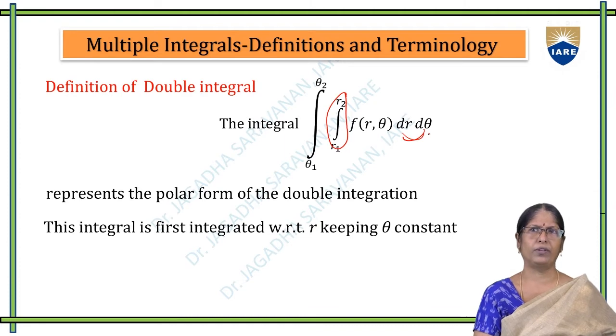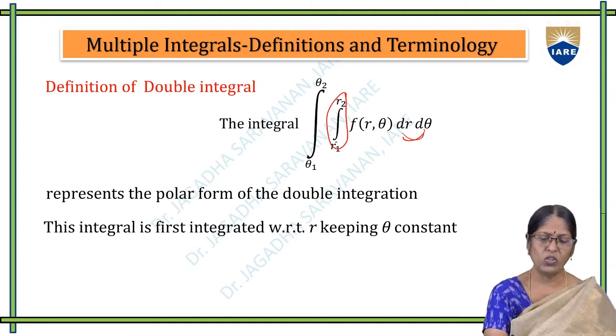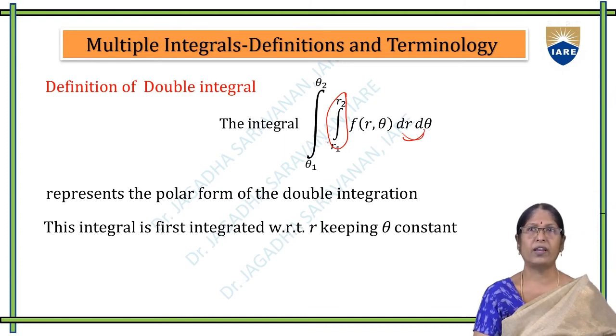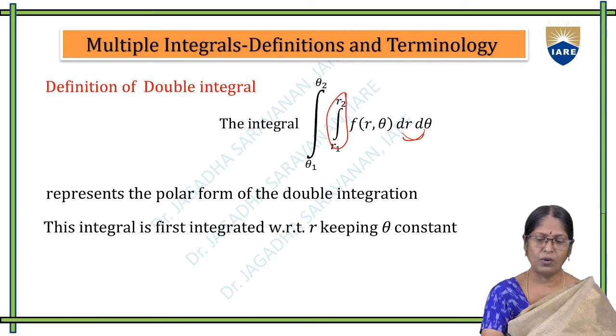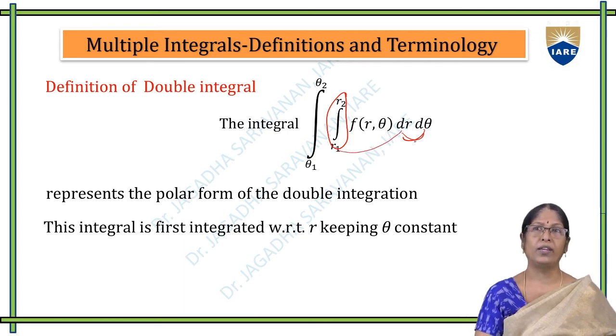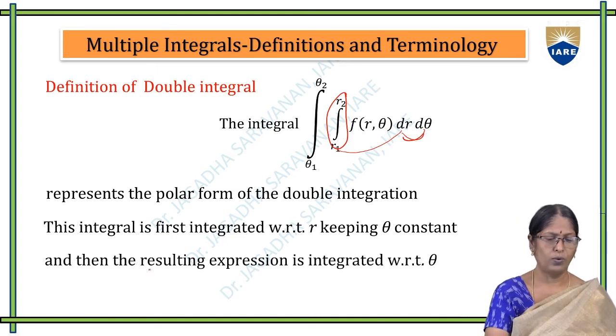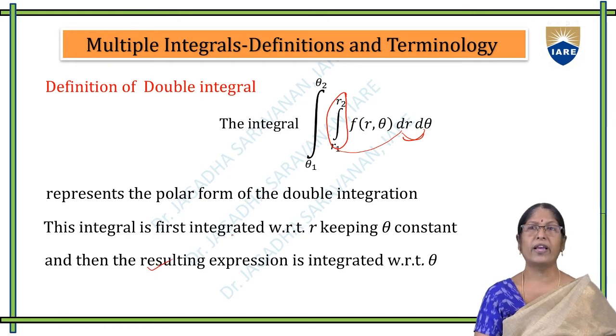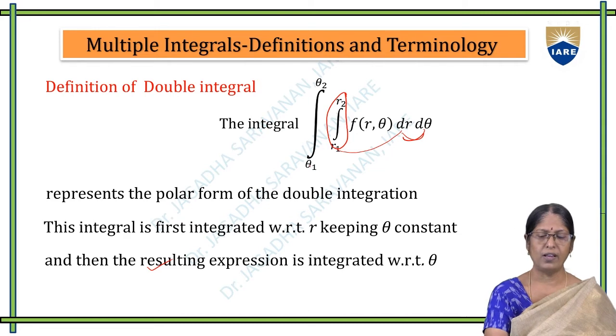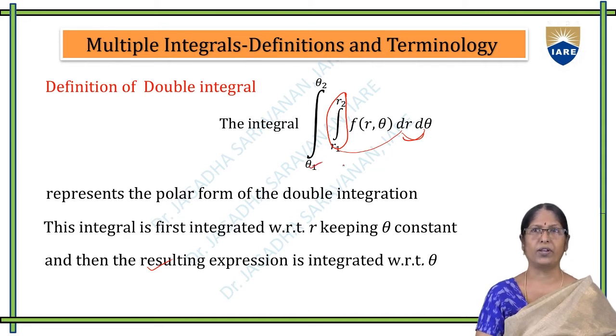Anyway, we can do it, but the variable defined for the interior integration is the one to be integrated first, which is compulsory. Then the resulting expression is integrated with respect to theta, that is the outermost integration.